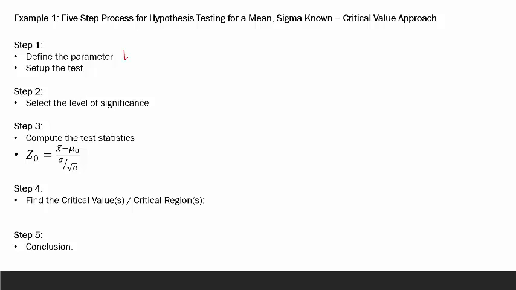So here, I'm going to let mu equal the mean calcium intake for adults with incomes below poverty level. This is important, because that's who we're investigating.